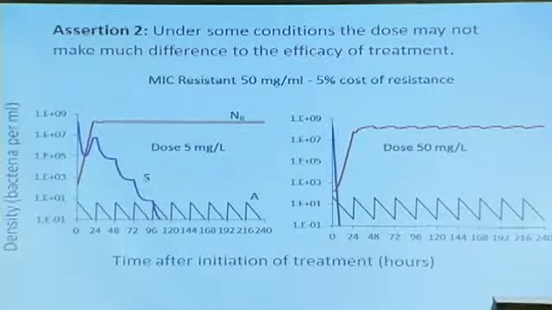The sensitive cells have an MIC of 1, and their density is going to decline. So even if we're dealing with 5 milligrams per liter of the antibiotic, that is to say 5 times the minimum inhibitory dose, we're essentially clearing the population of sensitive cells.